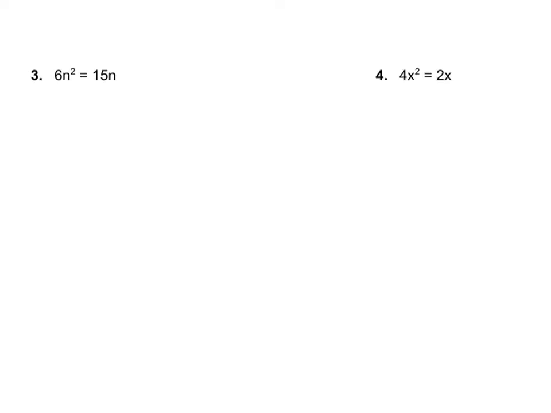All right, for our next one, we have 6n squared is equal to 15n. First of all, let's get everything on one side and have it equal to 0. So I'm going to subtract this 15n from both sides, and we'll have 6n squared minus 15n is equal to 0. Now we need to see what we can factor out.